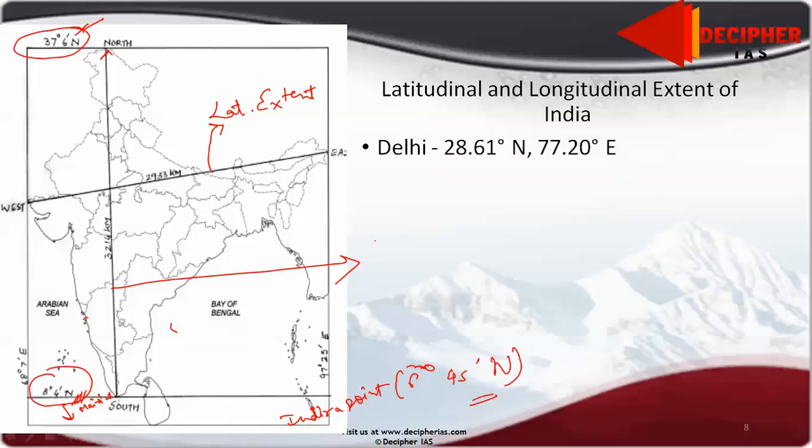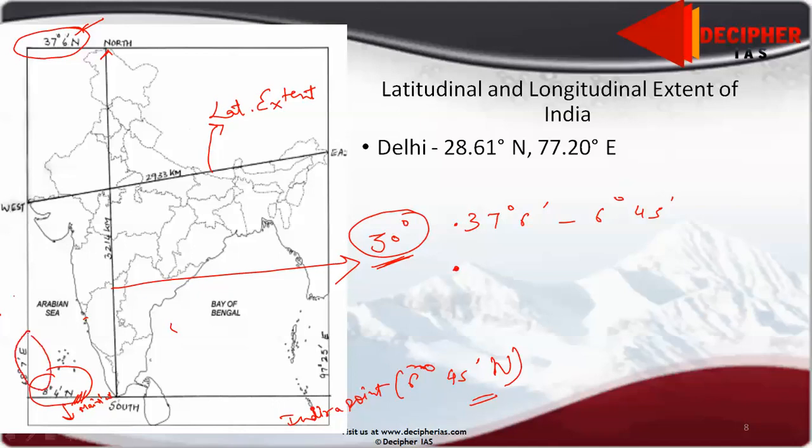Both have a difference of 30 degrees between them. That is north and south: 37 degrees 6 minutes minus 6 degrees 45 minutes. Also for east and west, see here.